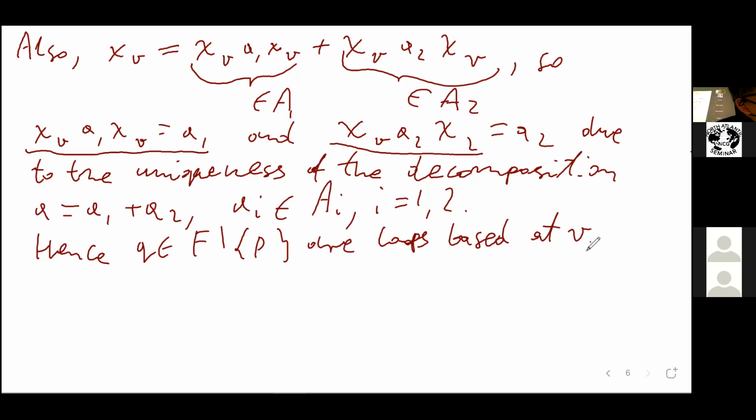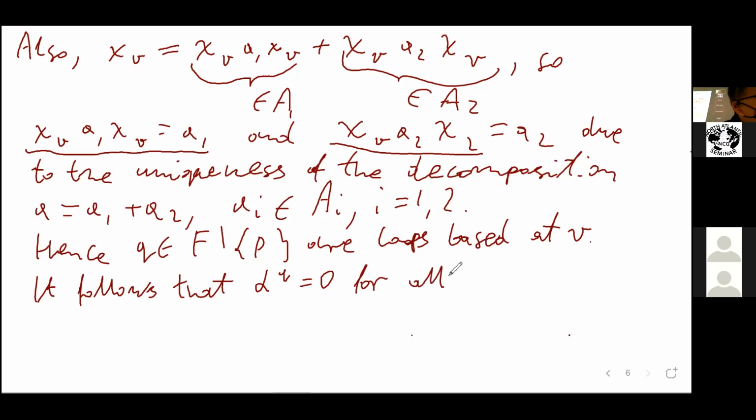Now, it follows that alpha Q's are equal to 0 for all. Let me write it down and then see why it is true.